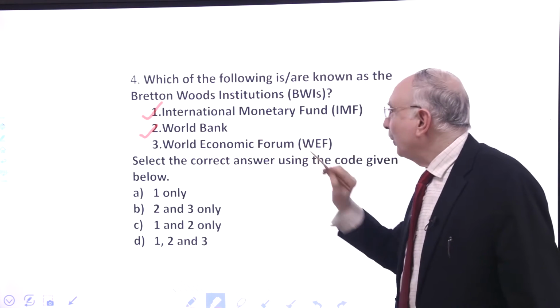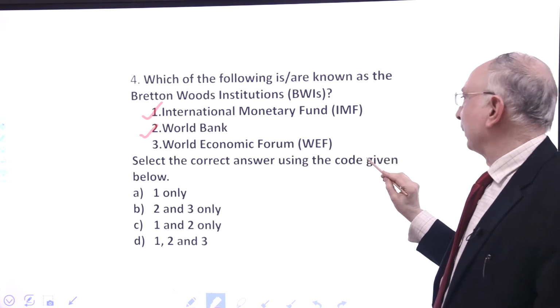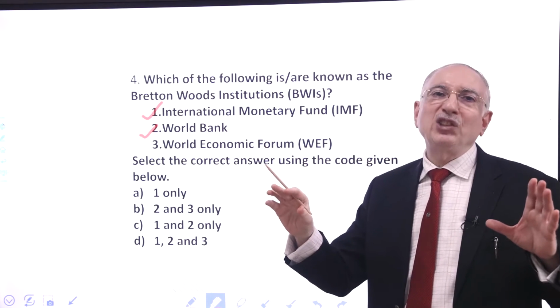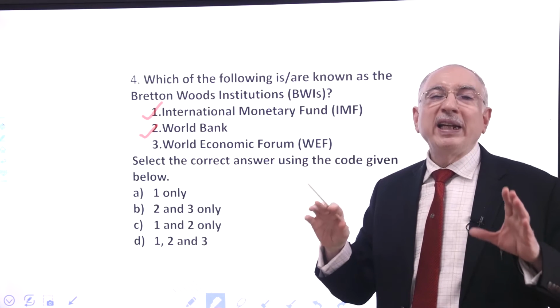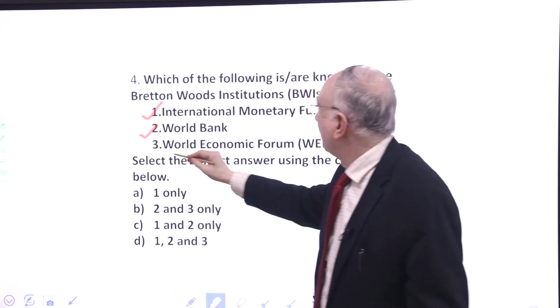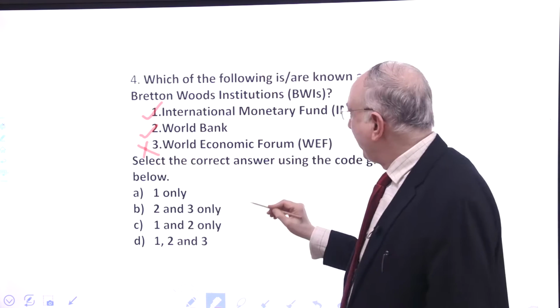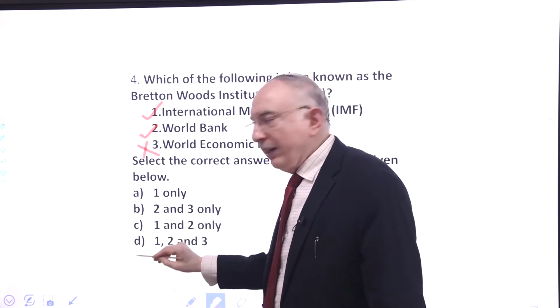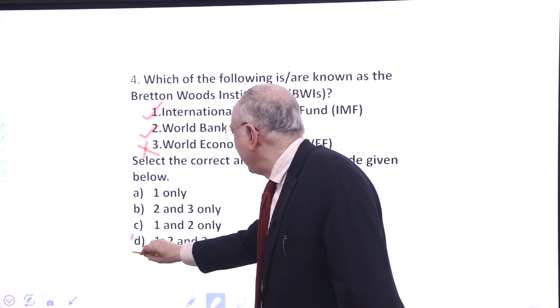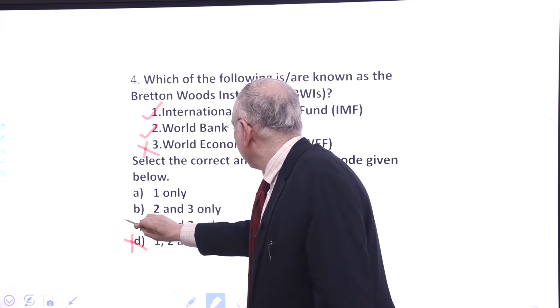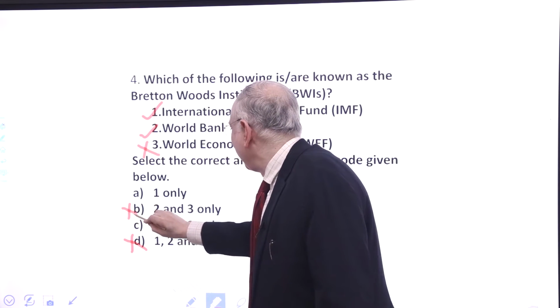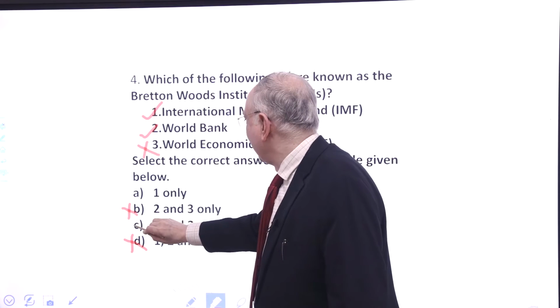Let us look at the third, the World Economic Forum, an NGO based in Geneva, Switzerland, which came into being in 1971. This is incorrect. We have to eliminate 3, and once we eliminate 3, it means D is eliminated, B is also eliminated. So what are we left with?